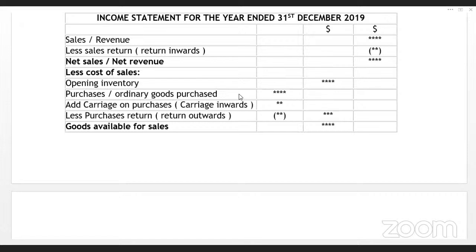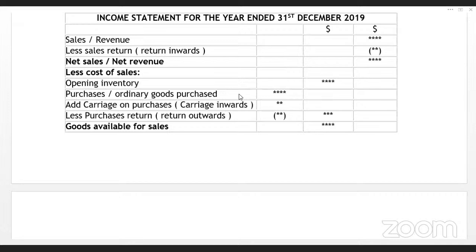So there will be carriage of purchases. That is the transport you incur when purchasing, because you have to move these goods from the supplier to your stores or to your shop. So you add the carriage of purchases to the purchases figure and the opening inventory.